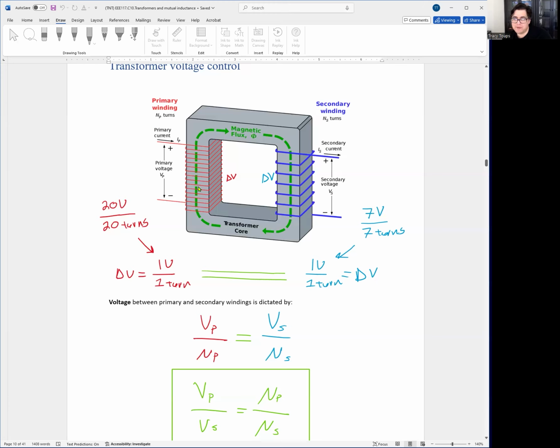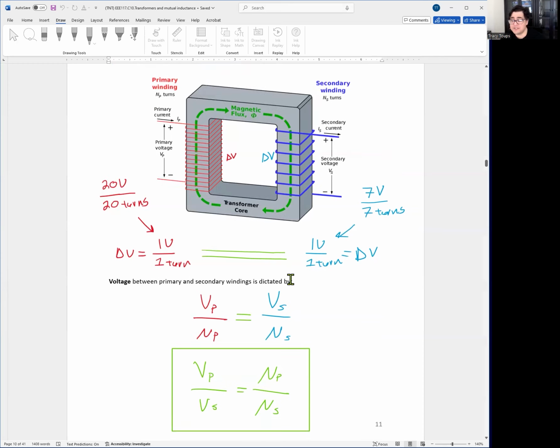So you see, by manipulating how many times we wrap around the wires, we could easily figure out what voltage ratio we want, right? This is a 20 to 7 ratio. And if I want 20 to 5, I could just go in and unravel 2 of these, and then I could get a 20 to 5 ratio, right? So basically when you order inductors from a manufacturer, you tell them the exact ratio, and they're just going to go in there and loop wires until they get that ratio for you, okay?